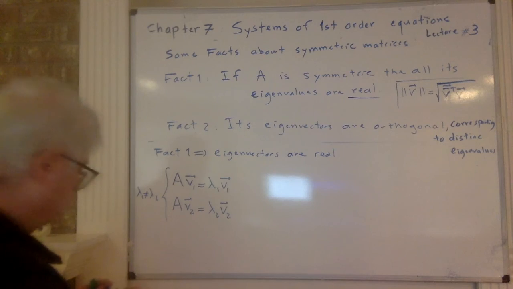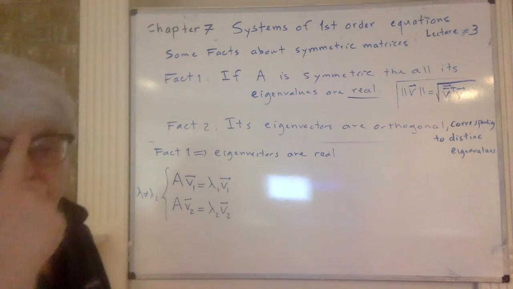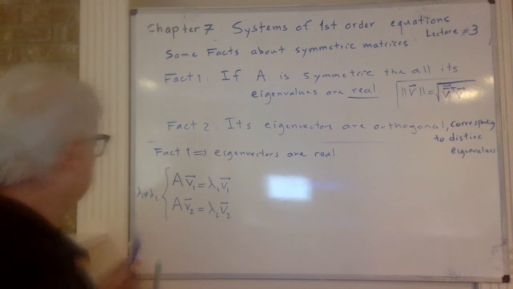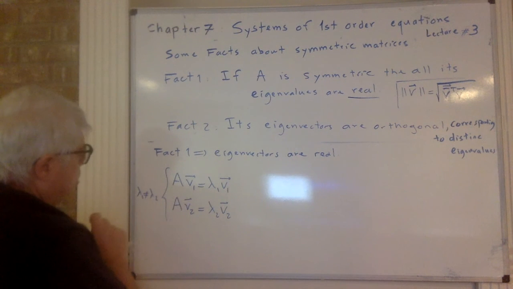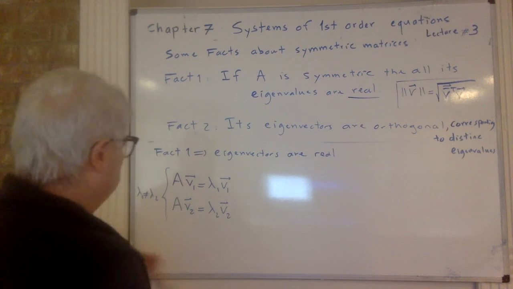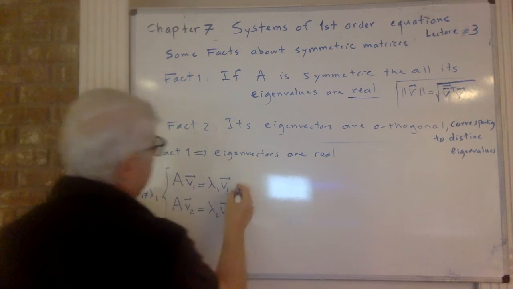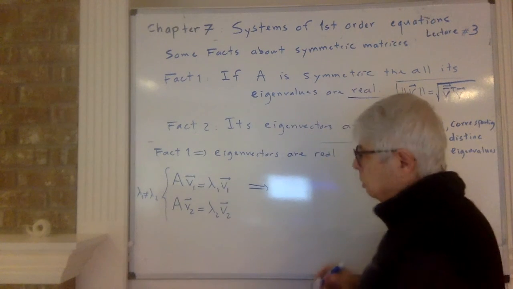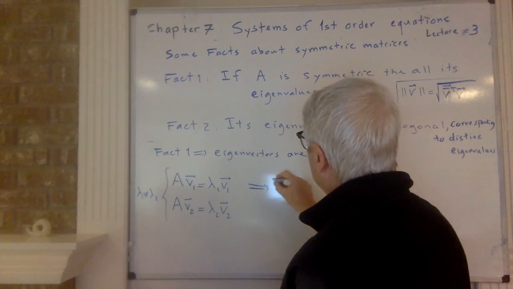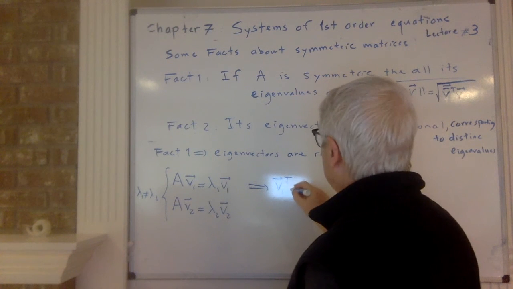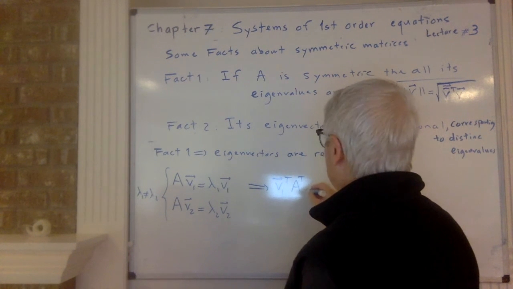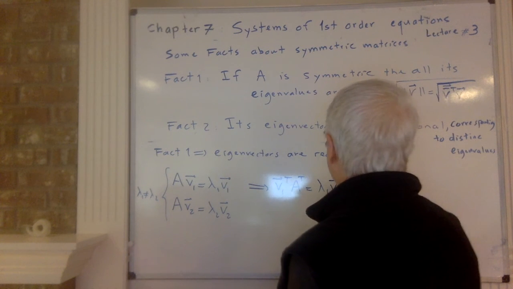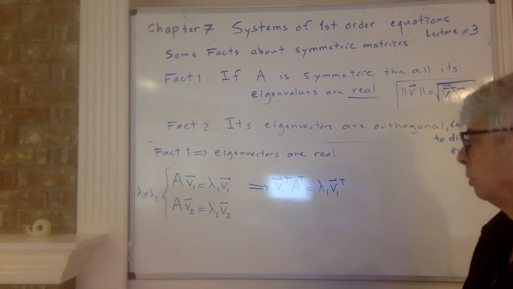So these are two equations. Let's transpose the first one, both sides, and I know that they are real, so the transpose will be V1 transpose A transpose on this side, and lambda 1 V1 transpose on the other.